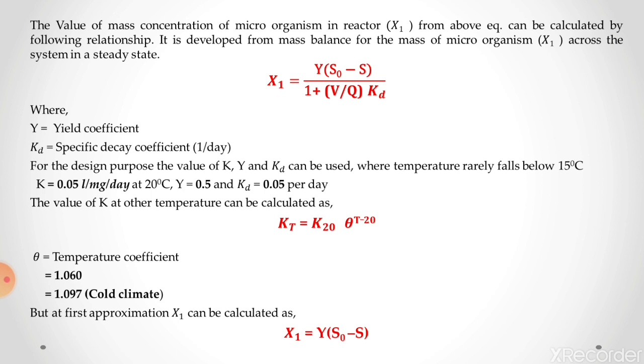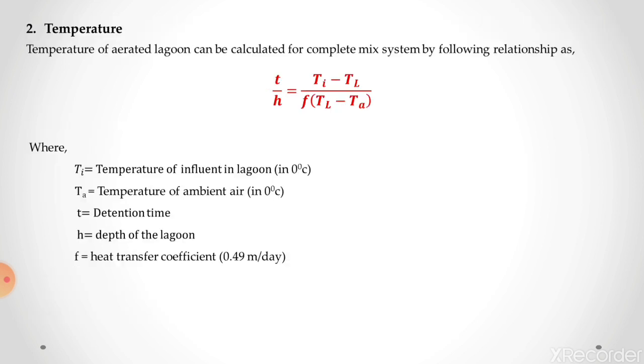But at first approximation X1 can be calculated as Y into (S0 minus S), and the temperature is calculated for the completely mixed system by the following relationship: t divided by H is equal to (Ti minus TL) divided by F (TL minus Ta), where Ti is the temperature of influent in lagoon in degree centigrade, Ta is the temperature of ambient air in degree centigrade, t is the detention time, H is the depth of the lagoon, and F is the heat transfer coefficient, that is 0.49 meter per day.